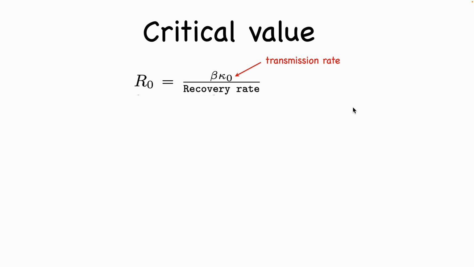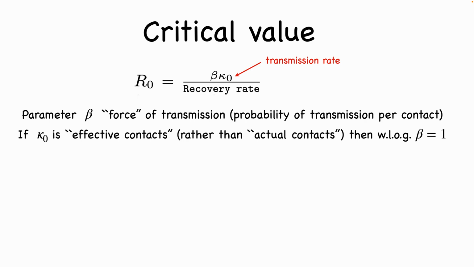There's also a critical value associated with SIRS models, and this value, called R0, is the ratio of the transmission rate to the recovery rate. The transmission rate is made up of two parameters: beta, the force of transmission, which is actually in the stochastic setting the probability of transmission per contact, and kappa 0, which we have talked about in the continuous time model, is interpreted as effective contacts rather than actual contacts, where an effective contact means a contact with transmission.